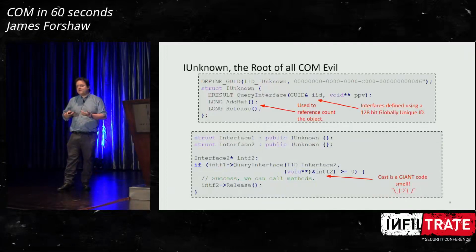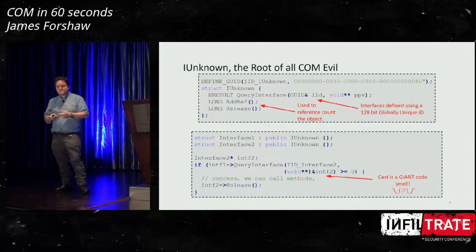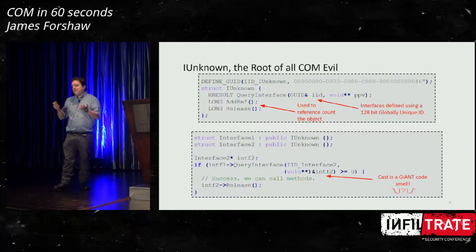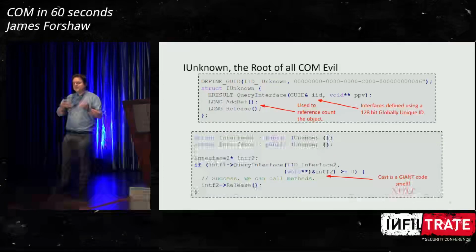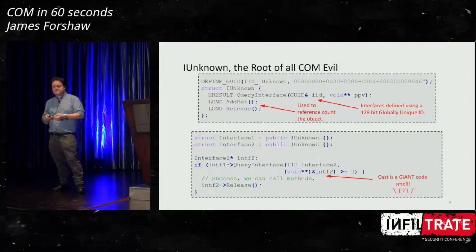It's mostly zeros, as you would expect. What you do is you call QueryInterface, and because every interface supports IUnknown, you can call QueryInterface and ask, hey, do you support interface 2? And if that object does, it will return you a pointer, and then you can just release it. So this is how you can query for support for different interfaces and avoid the casting problem.